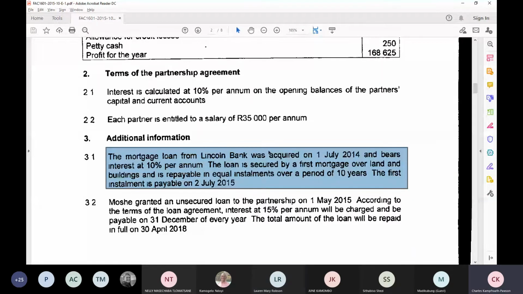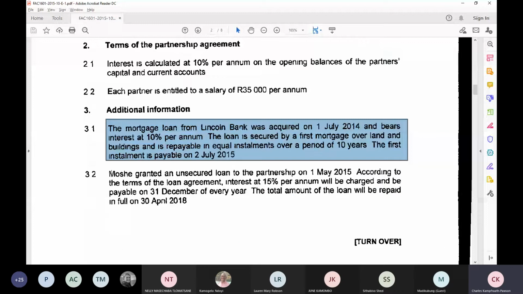Because in 3.2, it's specific, and the thing that makes my point here is in 3.2, it specifically says when the interest will be charged and when it will be paid. And that tells me that it hasn't been taken into account yet. Because they say there it will only be charged and paid on 31 December.